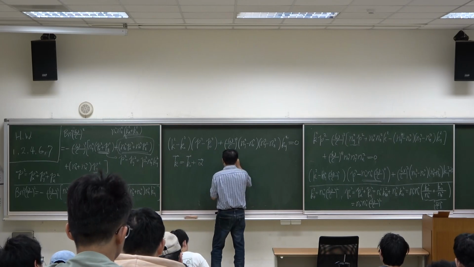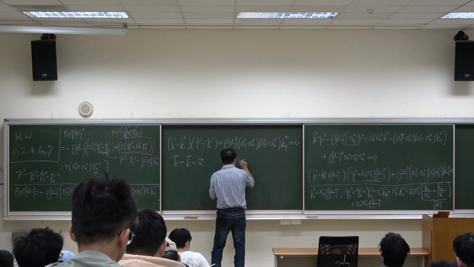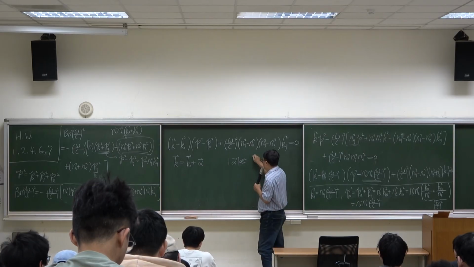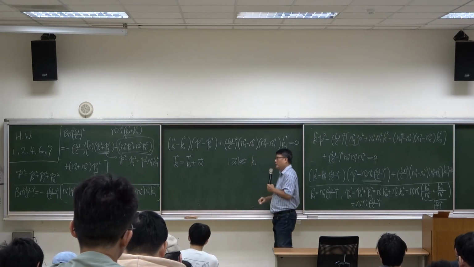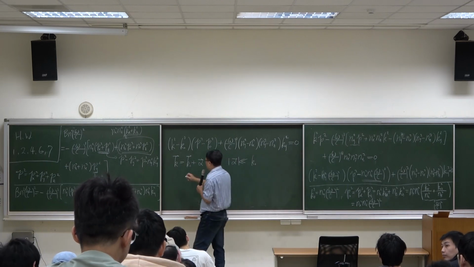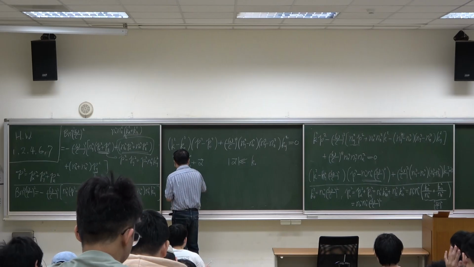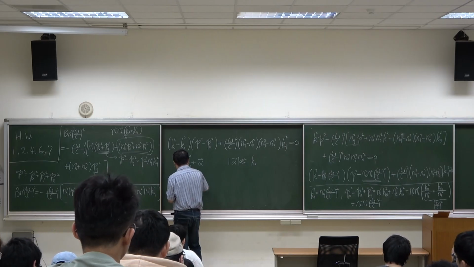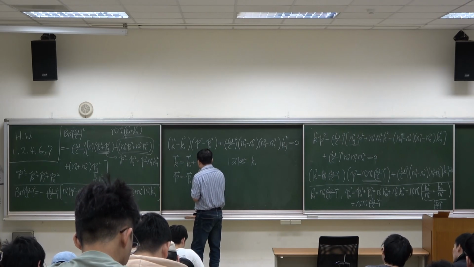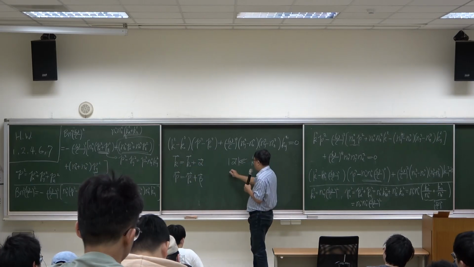And here alpha has the magnitude much smaller than k0. Okay. And we have the corresponding p. P is very close to p0. Okay.